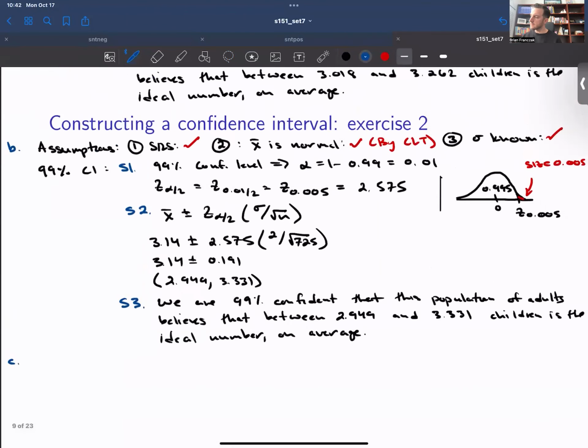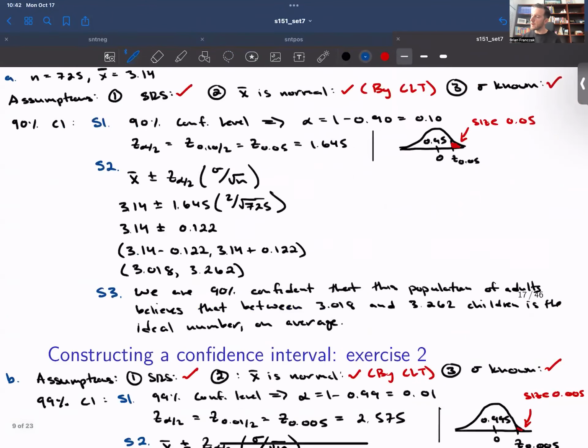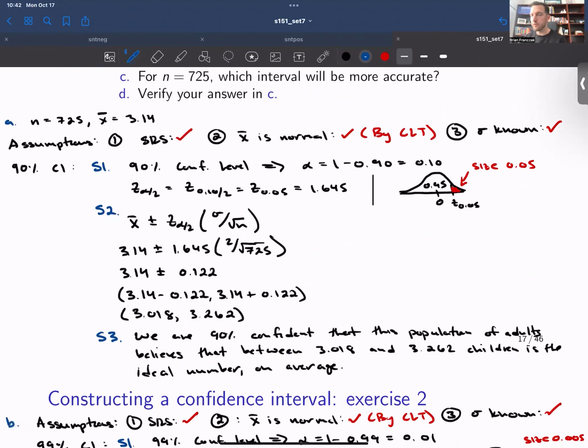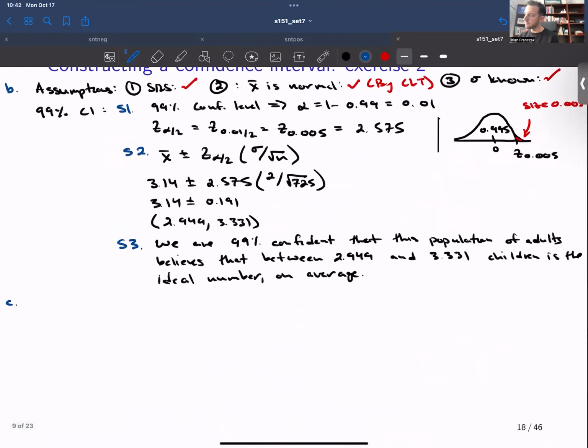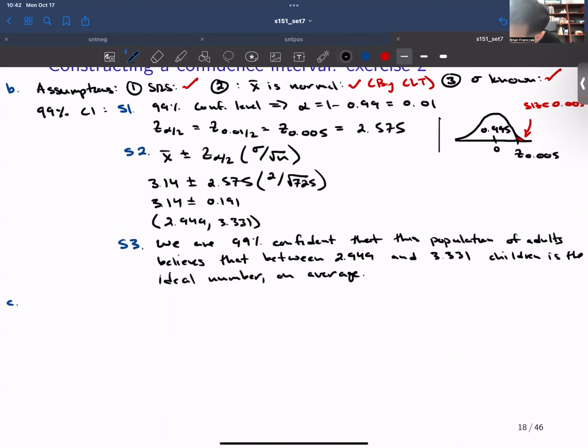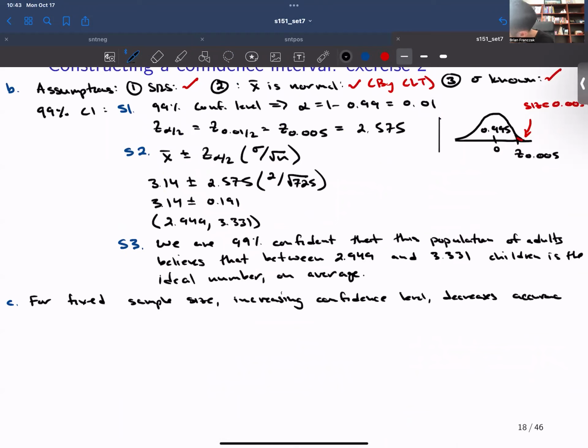In part C, it asks, for n equals 725, which is the sample size we're working with, which interval will be more accurate? All right, so basically, what we have learned previously is for fixed sample size, increasing confidence level decreases accuracy.